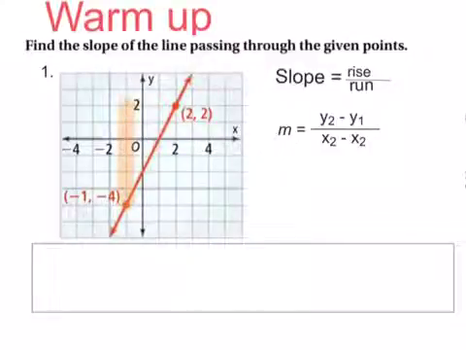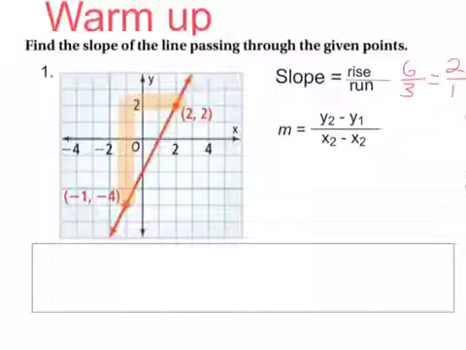So if we count that out, 1, 2, 3, 4, 5, 6 divided by 1, 2, 3. So that rise of 6, divided by the run of 3, gives us 6 over 3, which we can reduce to 2 over 1.